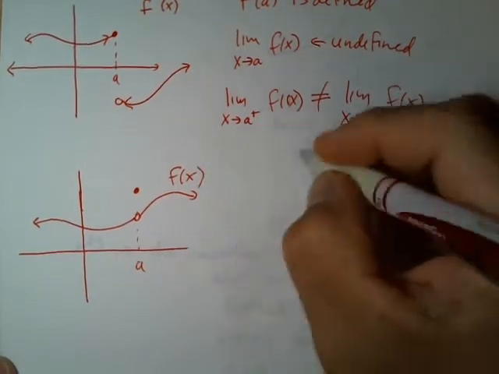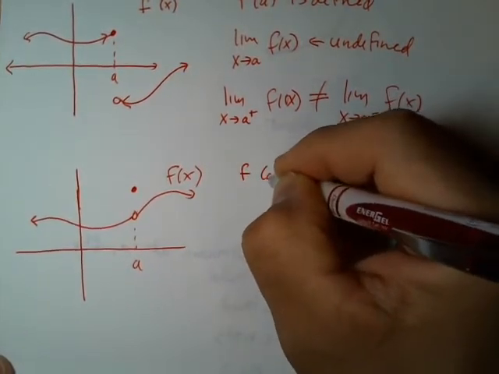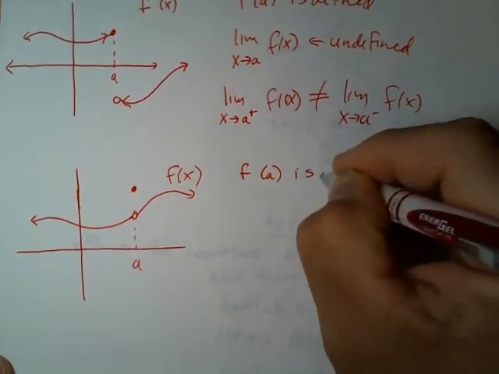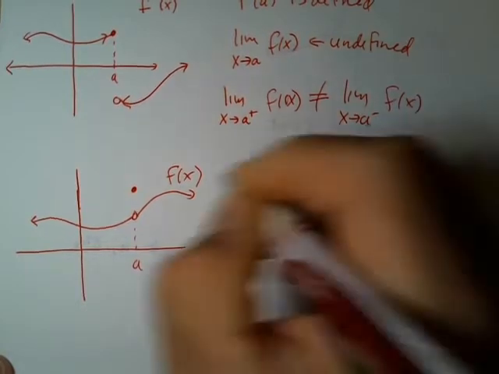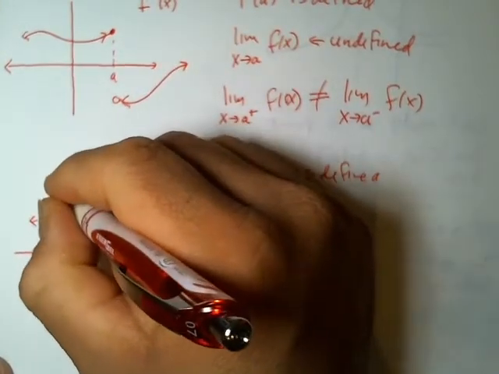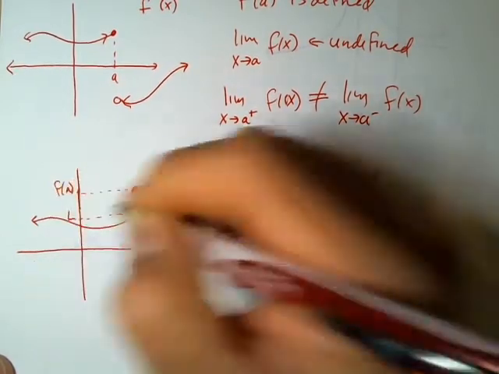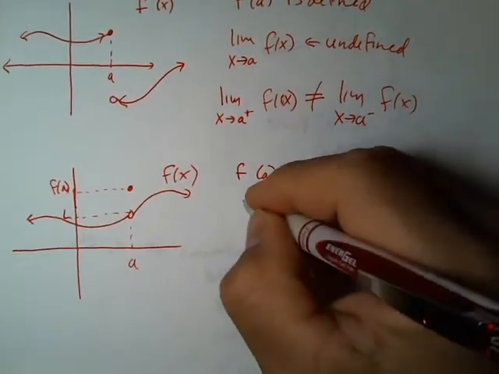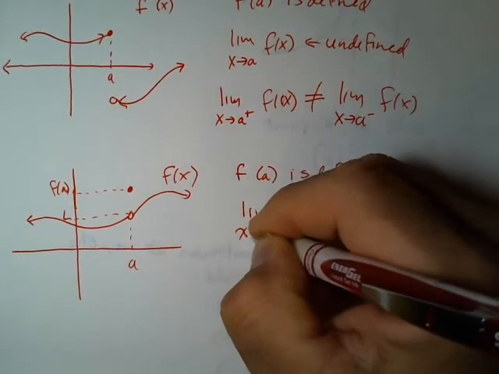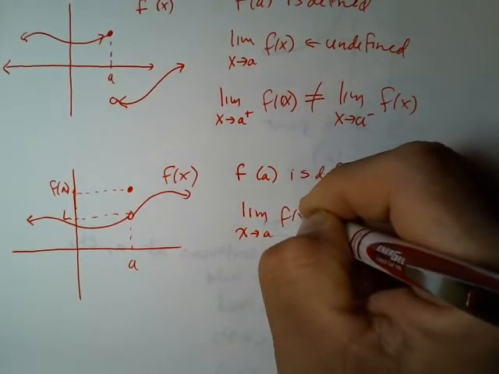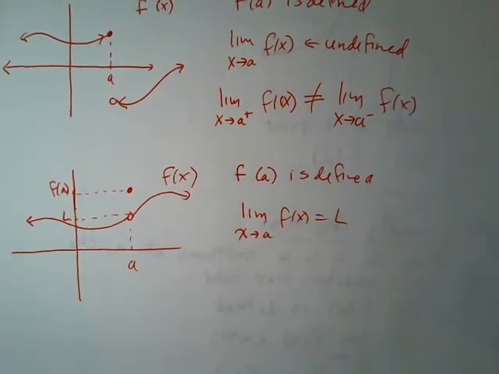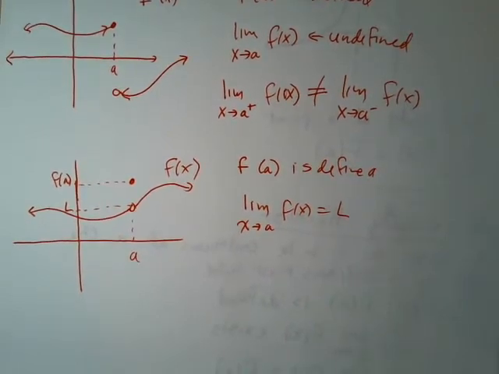In this case, f of a is defined, that's this value here. And the limit as x approaches a of f of x is also defined; it is equal to L here, some constant.